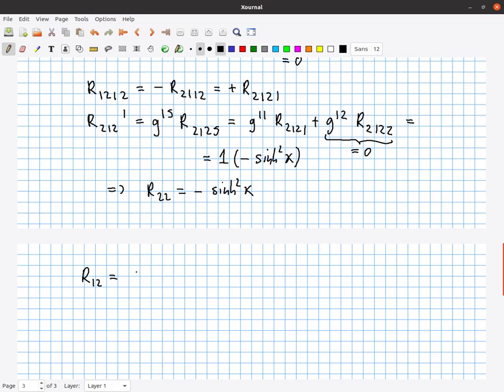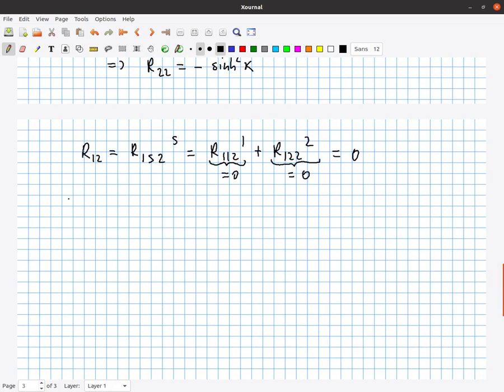R12 is R1S2S, R1121 plus R1222, which is identically 0 because when the first two indices are the same, it is 0 because it is skew in the first pair. It is skew in the second pair, hence the same index value gives you a 0.